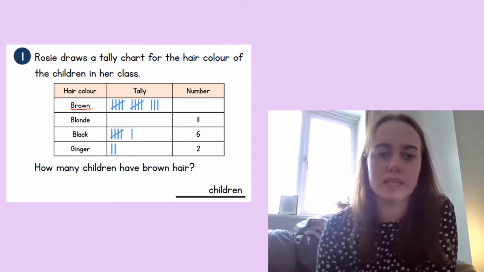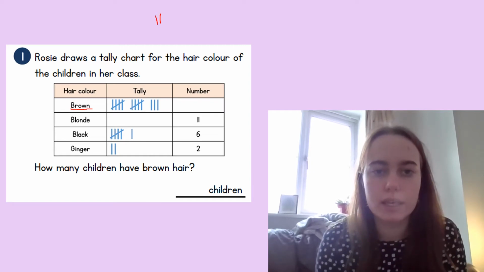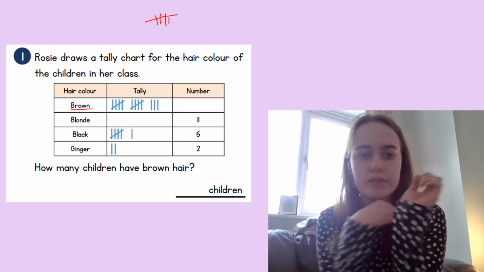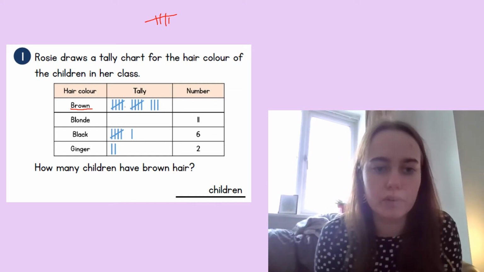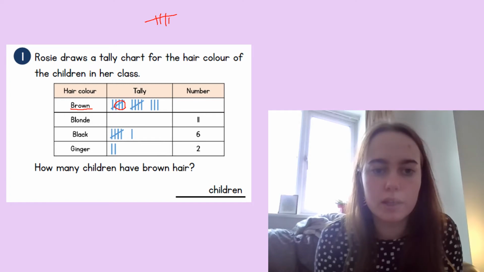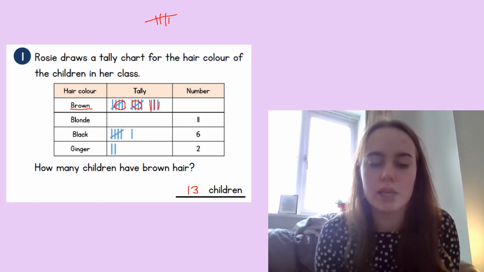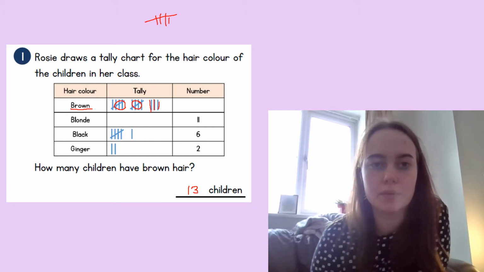Now remember, if a tally looks like this, we know straight away that's 5. So we can see here on brown we've got 5, 10, and then add on the extra 3, so 10, 11, 12, 13. So there are 13 children in the class with brown hair.